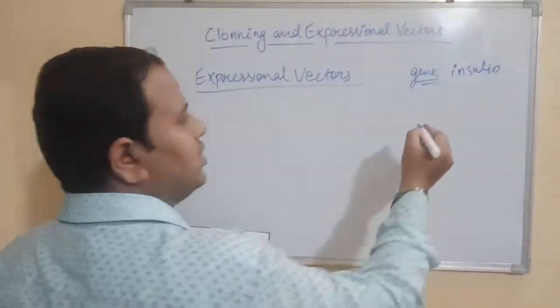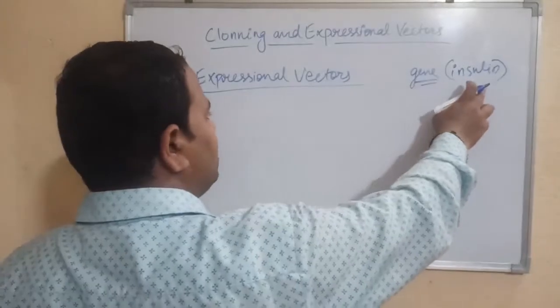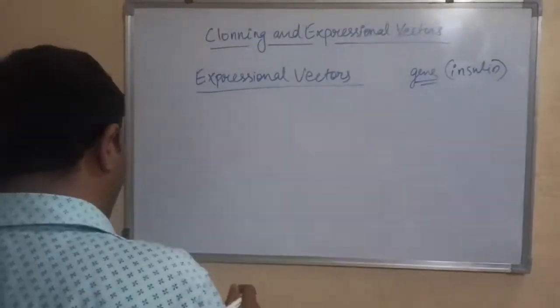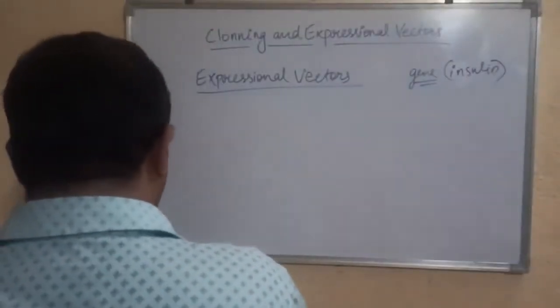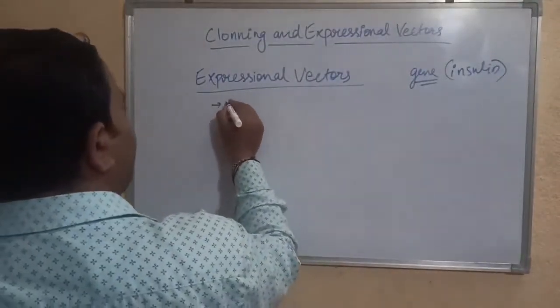Let's take an example of insulin gene here. Along with the target gene, that is insulin, that is foreign DNA, there has to be presence of a number of genes along with that. So this is generally designed for expression.